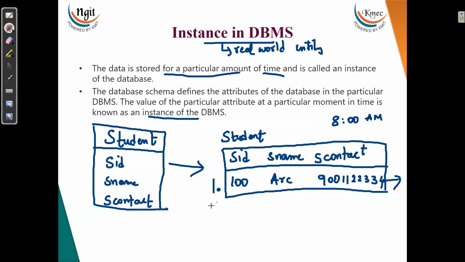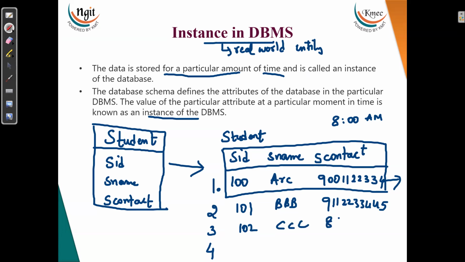After a few seconds, I have inserted three records: 101 with BBB with 9112233445, and another record 102 with CCC with 8666778844, and 103 with DDD with 8776554.